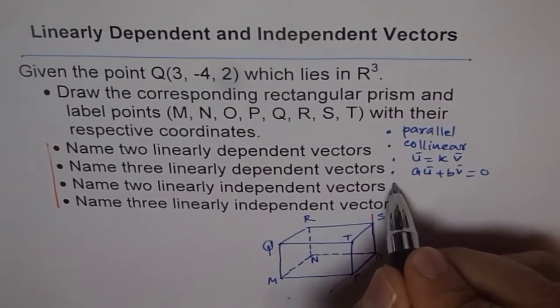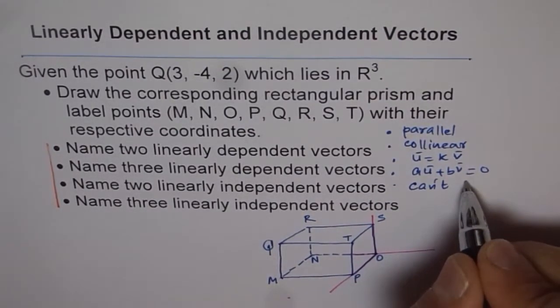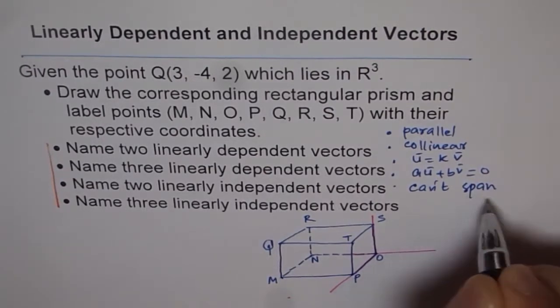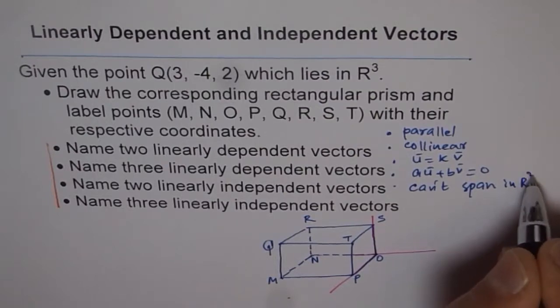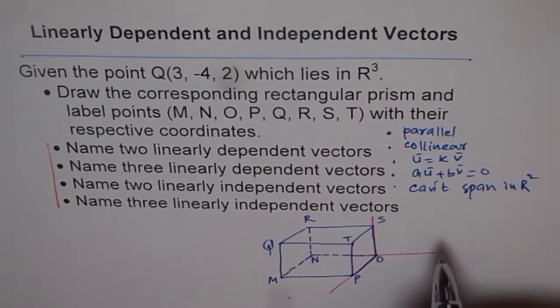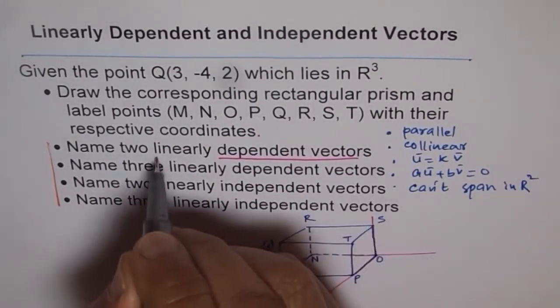And they can't span. That is most important: since they are in R2, we are talking about two vectors, and they can't span R2. This is all about linearly dependent vectors.